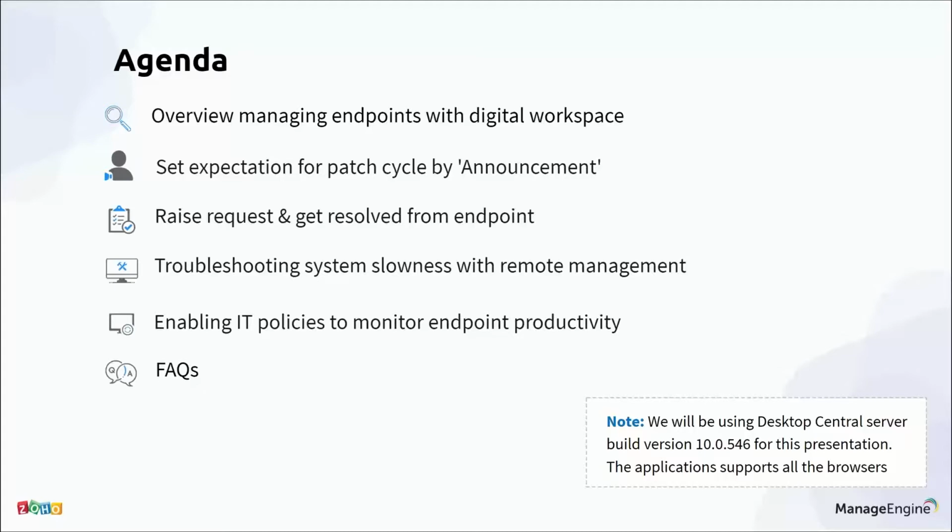For example, notifying your users with an announcement regarding the patching cycle, raising a request from an endpoint and directly taking control of that endpoint to troubleshoot it, even creating automated tasks that help you mitigate issues like system slowness, and enforcing IT policies for monitoring your endpoint productivity.